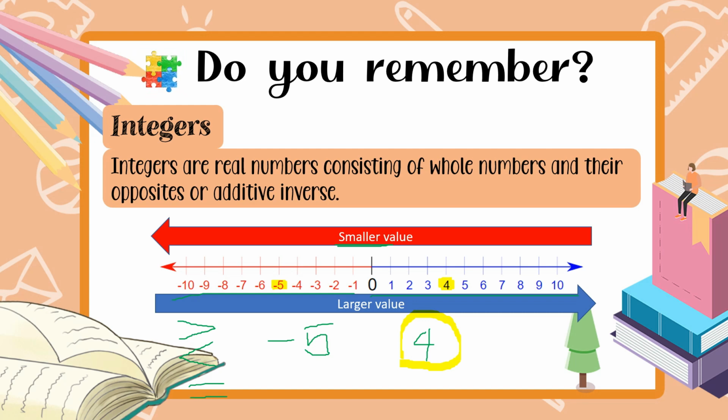Ayan. So, which of the three ang gagamitin natin to compare? So, kung nalilito kayo sa gagamitin ninyo, kung nasan yung mas malaki, doon dapat yung buka. So, since si positive 4 ang mas malaki, yung gagamitin mong symbol ay yung nakabuka kay positive 4, which is less than. So, we have negative 5 is less than positive 4.